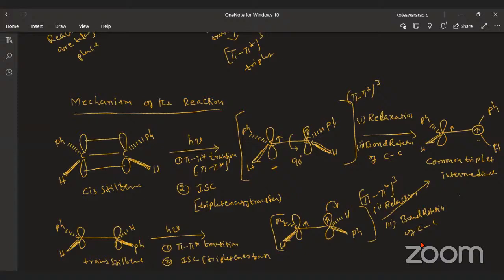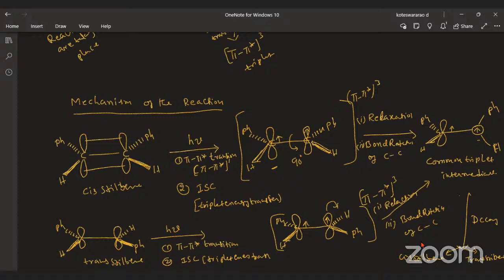Therefore, it leads to the formation of the two products. That is, this intermediate undergoes decay that leads to the formation of cis stilbene and trans stilbene.